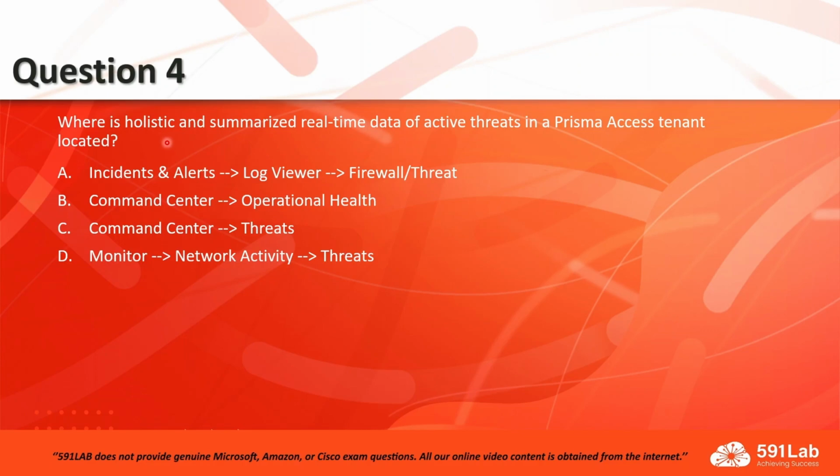The options are A, incidents and alerts, log viewer, firewall or threat, or B, command center, operational health, or C, command center, threats, or D, monitor, network activity, threats. Which option is correct? To get the answer, we can check the dashboard of Prisma Access directly on the next slide.